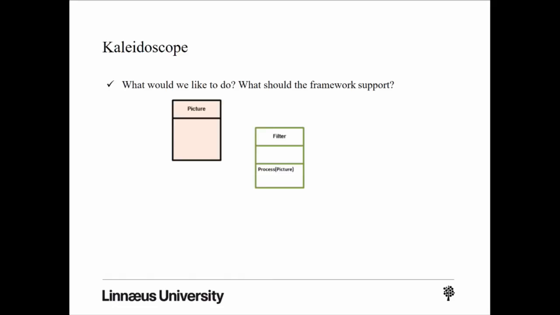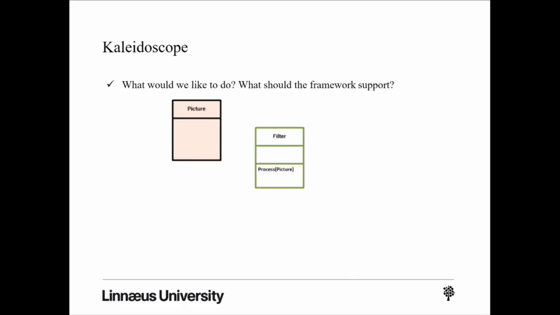So what you can do here is that we have in our reference architecture, in our product line platform here, an abstraction that we call picture, and an abstraction that we call filter. We need a pipe to connect filters, but with these we can actually build something that manipulates pictures using a sequence of filters. So this is the principal reference architecture.